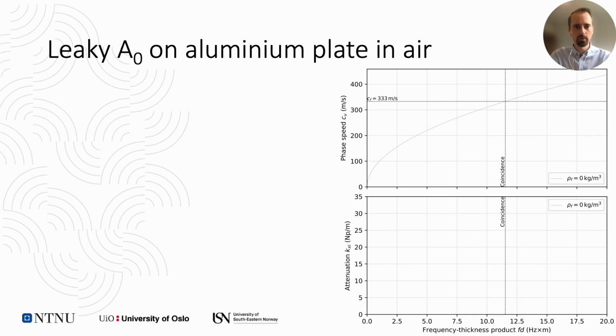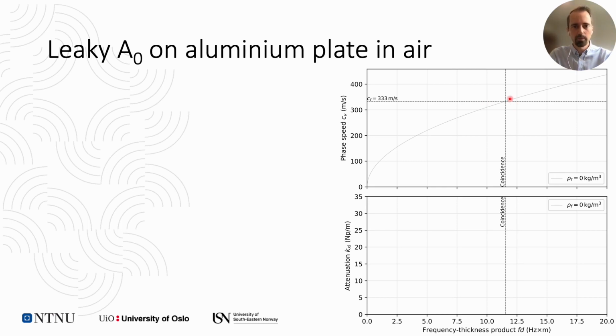Well, first of all, we can see what goes on at low frequencies for the free plate in the vacuum. It has phase speed like this, going down to 0. It has no attenuation because there's no fluid for it to radiate into. But if we look back at the phase speed, at some point, which is called coincidence, it's going to cross the speed of sound in the fluid.